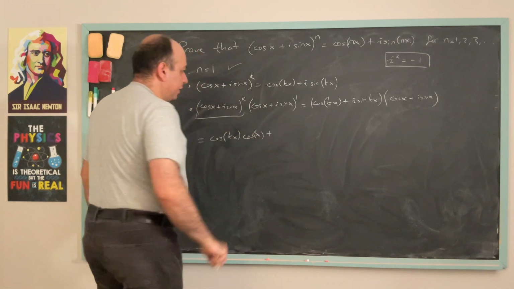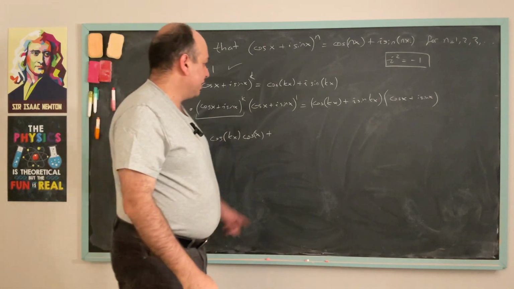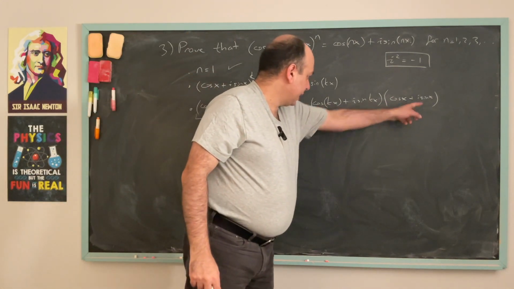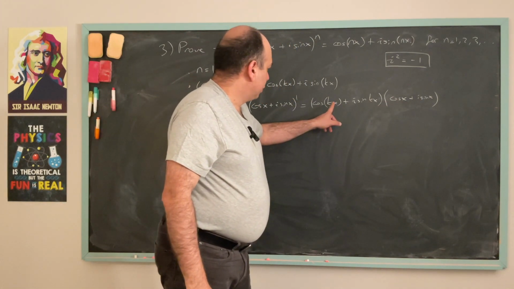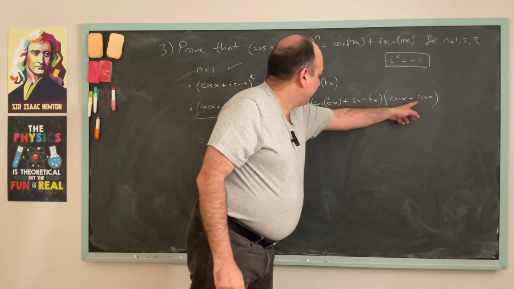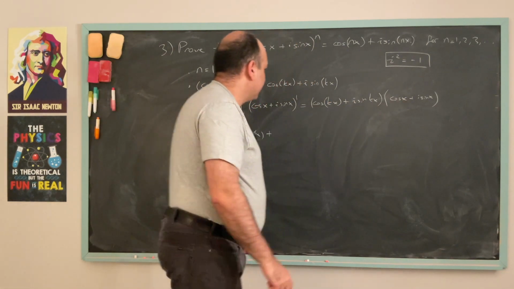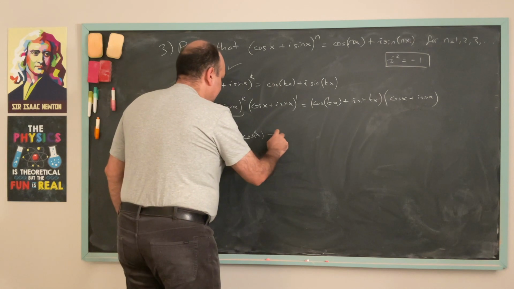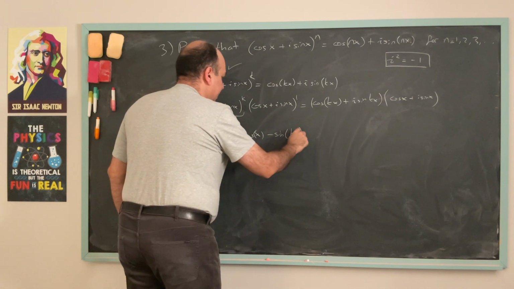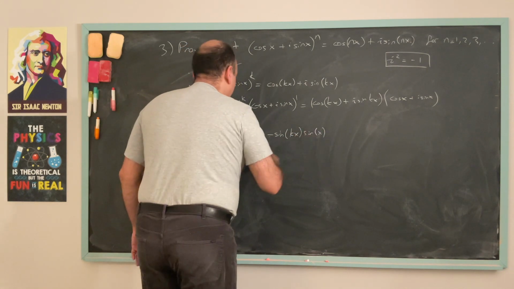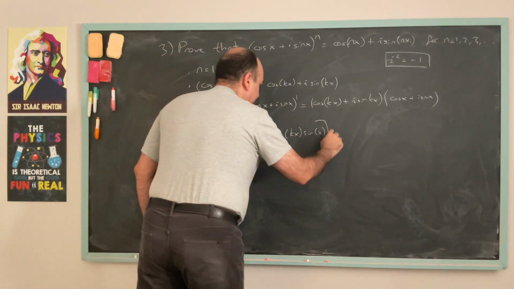Seems like in the end we're going to use some trigonometric identities, right? And then I have, let's look at the real terms first. So I have I and I have I. So I squared gives me minus. So it's going to give me minus sine kx times sine x. Okay, so this is my real part.